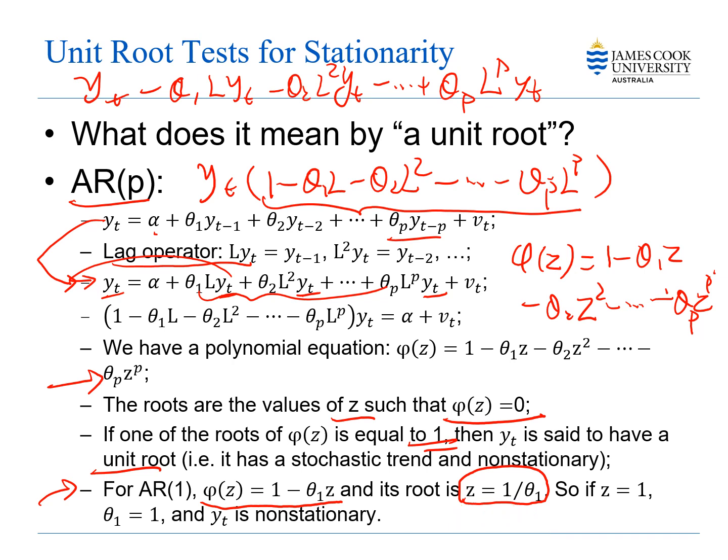So if j is equal to 1, that implies that theta_1 is equal to 1. And remember, we said previously that in AR(1), y_t is theta_1 y_{t-1} plus v_t. So it is a random walk if theta_1 is equal to 1, and a random walk is non-stationary. So in these cases, y_t is non-stationary. Okay, that's where the unit root comes from.